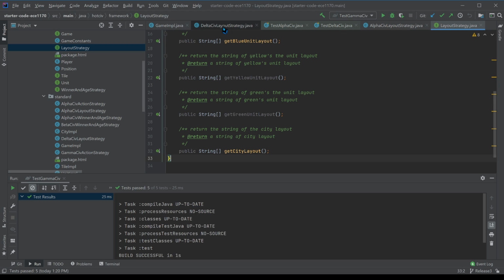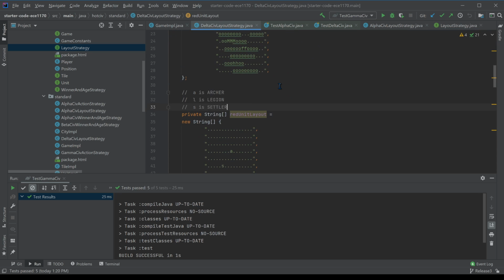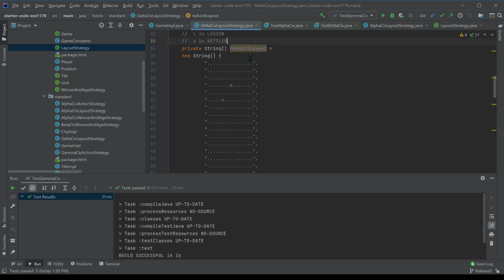So if you look in DeltaSieve layout, for instance, you'll see that there's a different layout for red units and for blue units. I decided to do it this way because I didn't know how else I could do capital A, capital L, and capital S for red versus blue units.